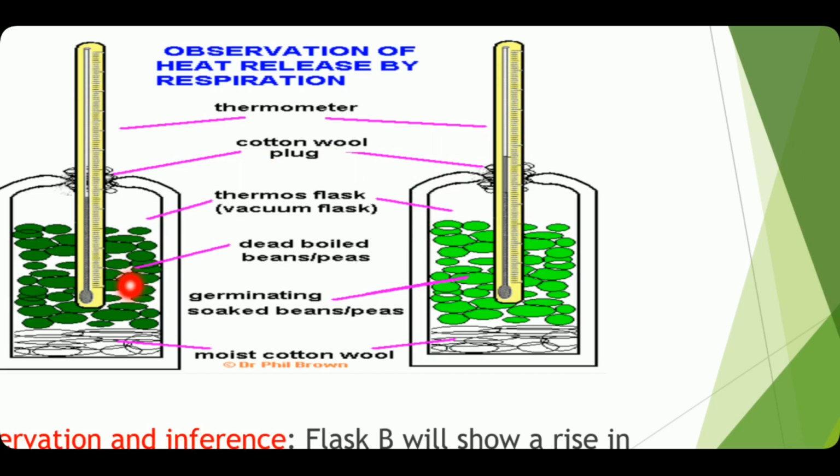How do we make the seeds dead? We just boil the seeds for 5 minutes, and then they become dead. We take the same quantity of seeds in both flasks, and we also put a thermometer in both flasks, to find out whether heat is produced during respiration.